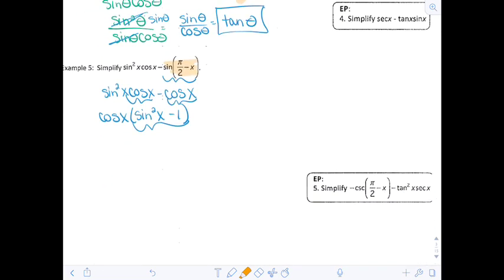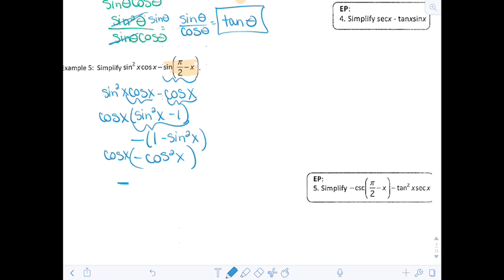Sine squared x minus 1 isn't the order I want, but I can say that's the opposite of 1 minus sine squared of x, and that's the negative cosine squared of x, which is being multiplied by cosine of x.